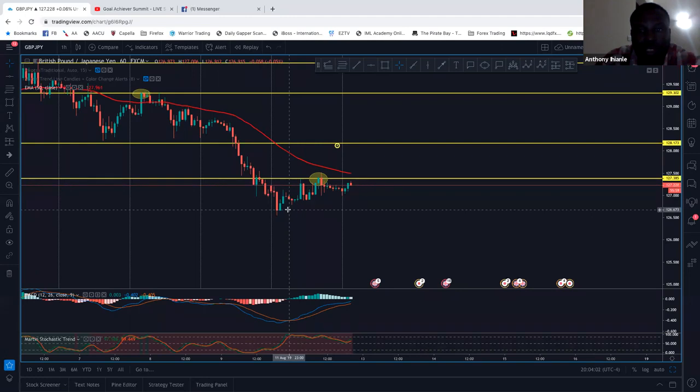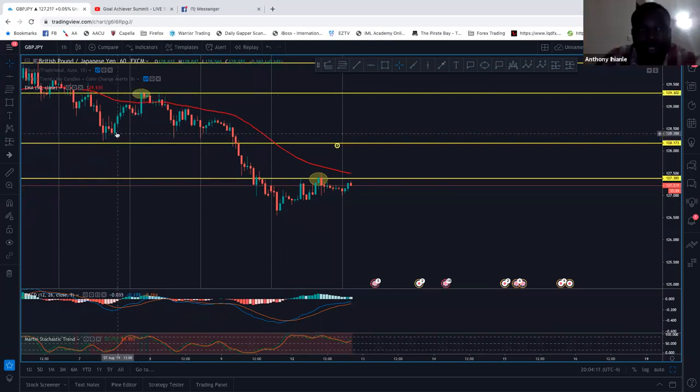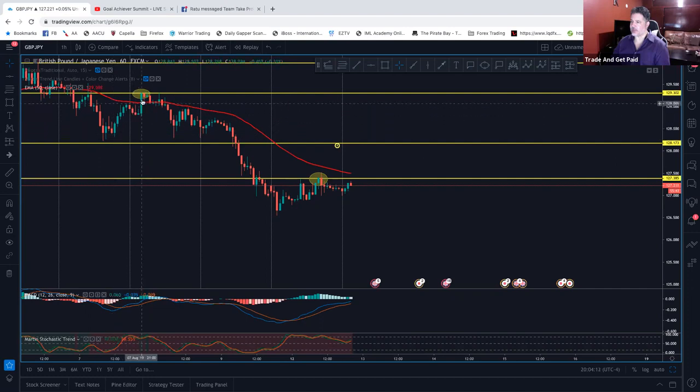Well, if you are down here and you took the buy, obviously that's your exit. This is where you get out. Yeah, if you got in down here and you took it all the way up, that's your out, even though it got to the 50, it was such a strong move.